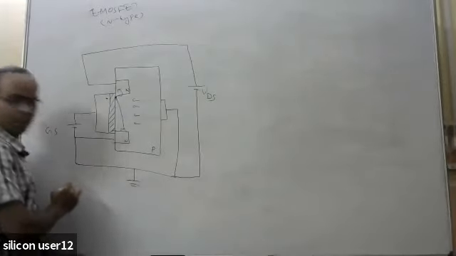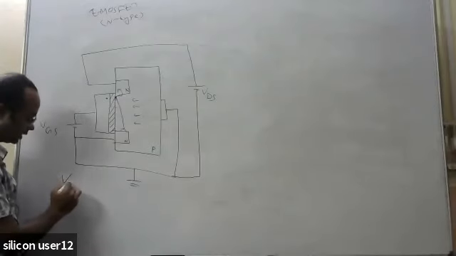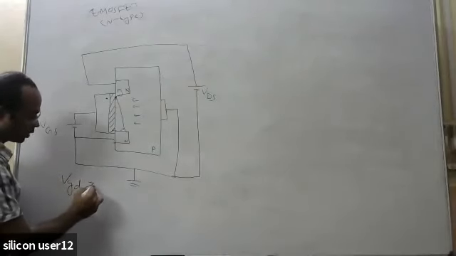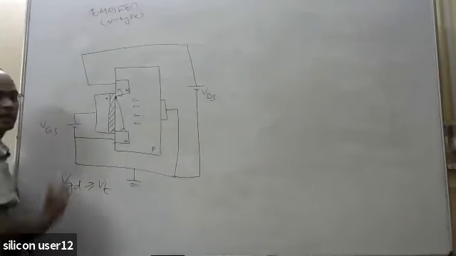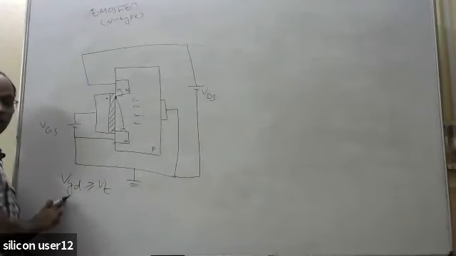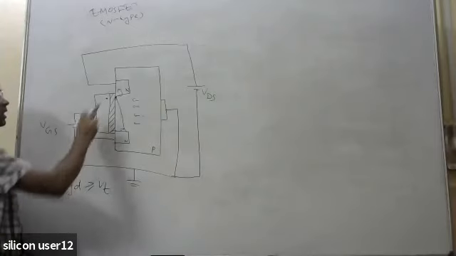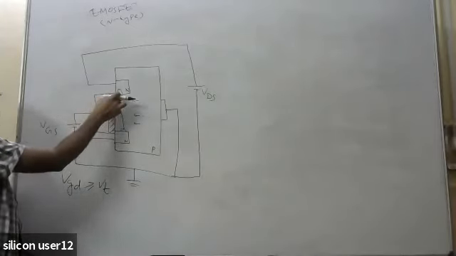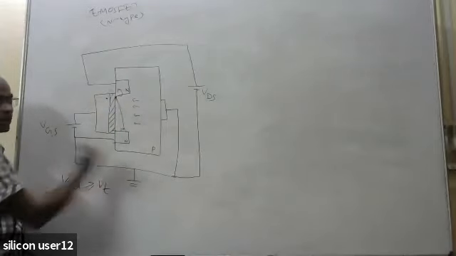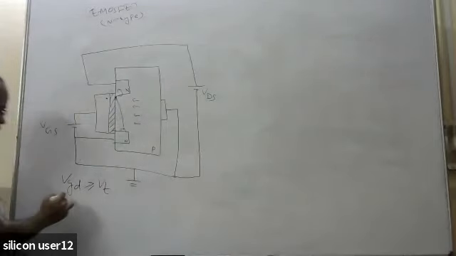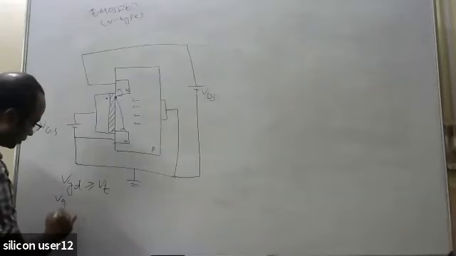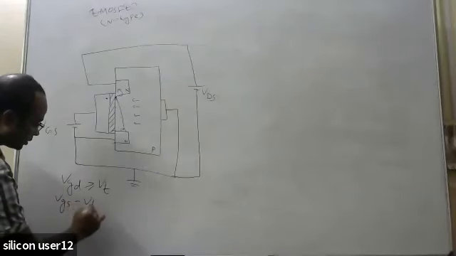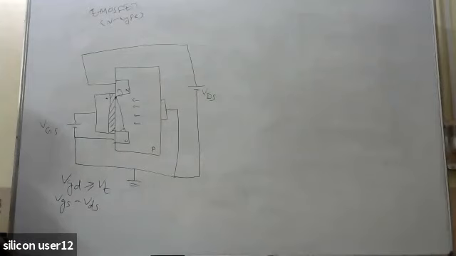So we have derived VGD should be greater than or equal to VT for the channel to exist. VGD means the voltage difference between this one and this one. If I take source as a common point, this is equal to VGS minus VDS.